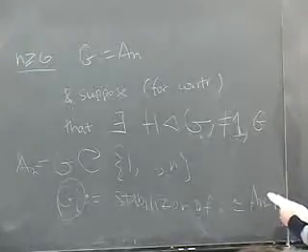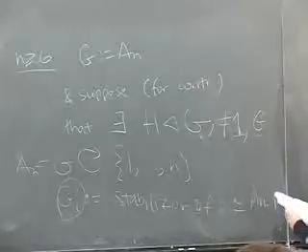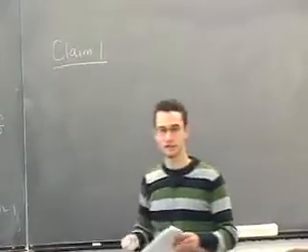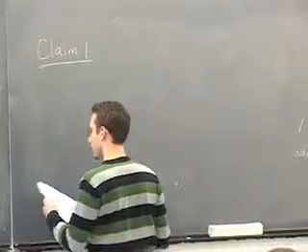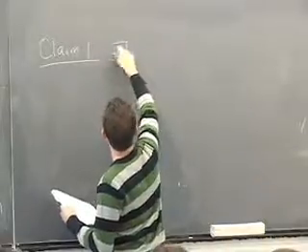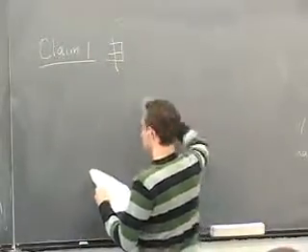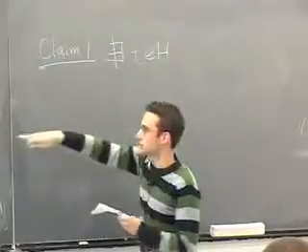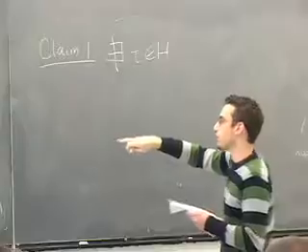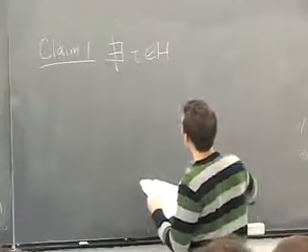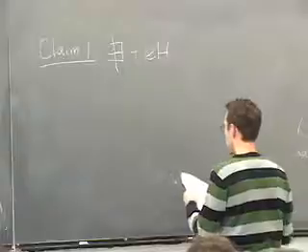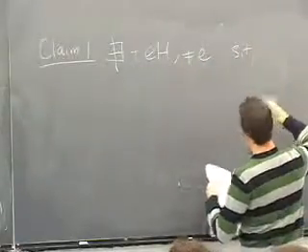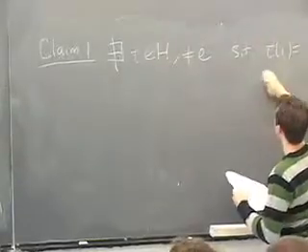I'm going to give you a series of claims, none of which are particularly difficult to show, and they will prove this. But you have to fill in the details because we are out of time. First claim is that there does not exist an element of H, where H is this putative non-trivial proper normal subgroup of G, there does not exist tau in H other than the identity such that tau fixes some i.